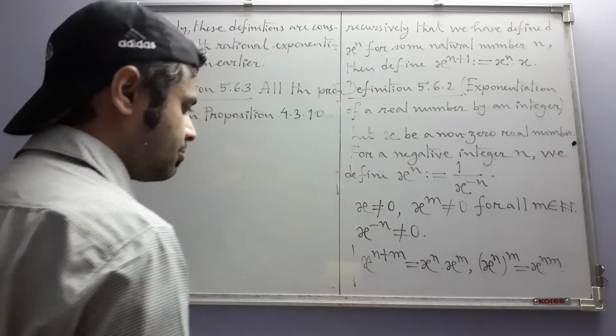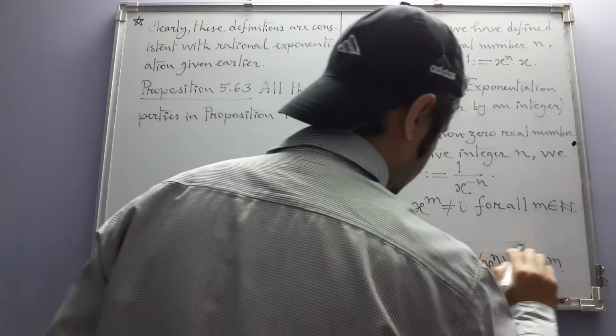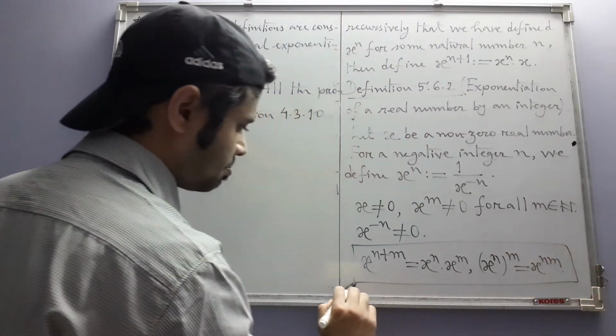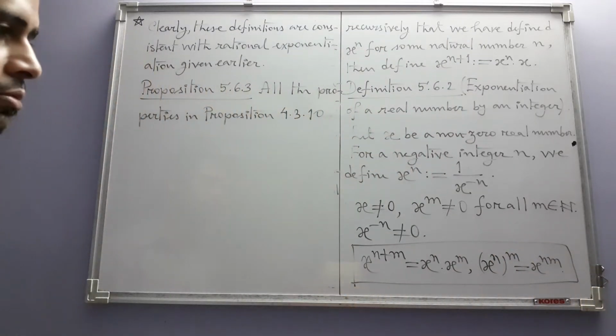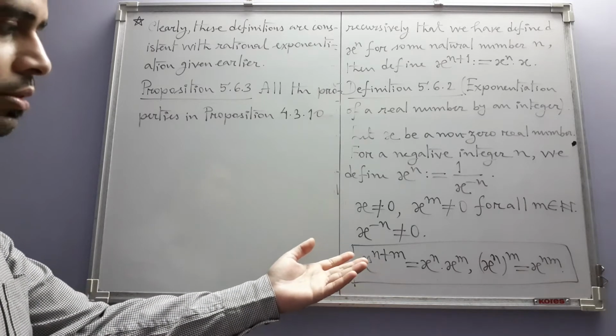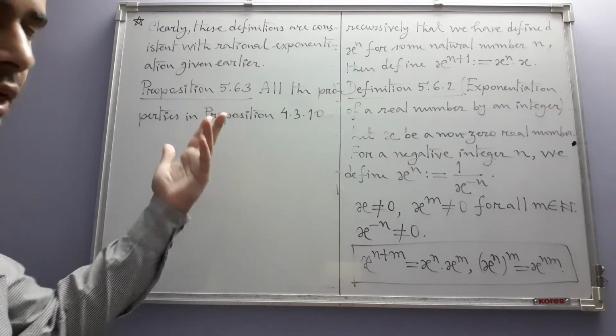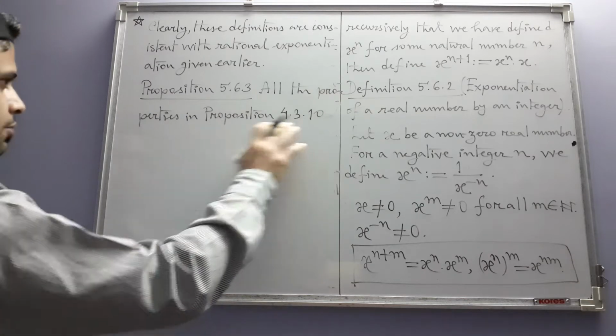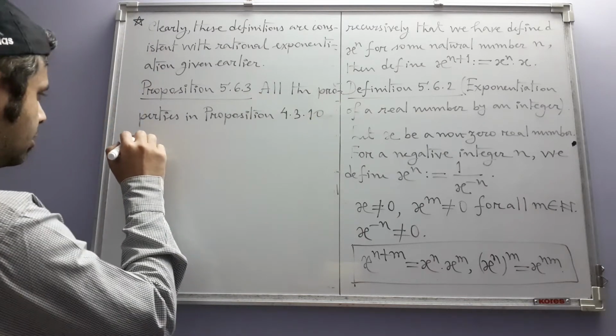You can go back to the statement, or you can just simply try to vaguely recall these rules. It's these things that we had there.